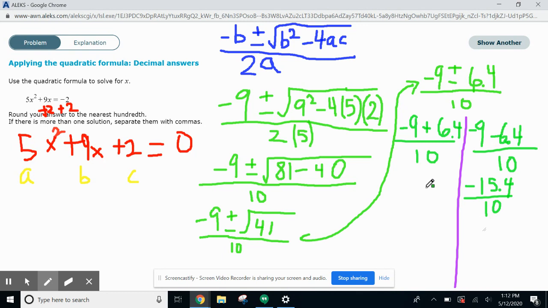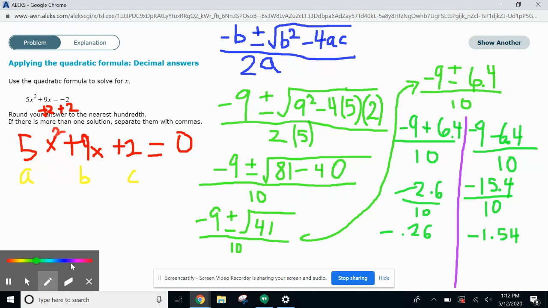And negative 9 plus 6.4 is going to be negative, whoa, there's a big negative, 2.6 over 10. Okay, I'll divide both of these, and I'll get negative 0.26, and I'll get negative 1.54. So now these are my two answers.